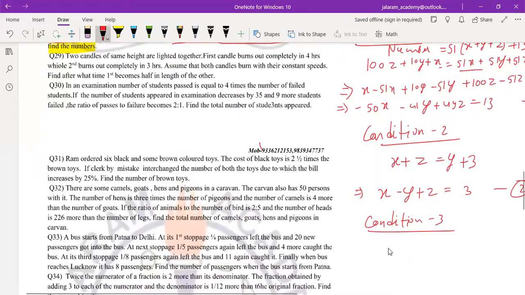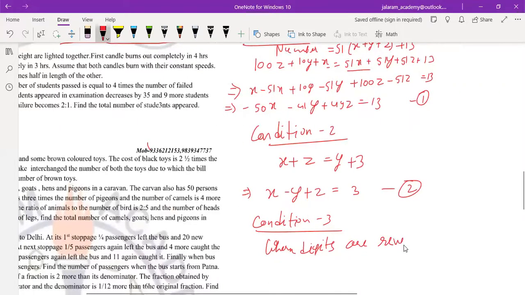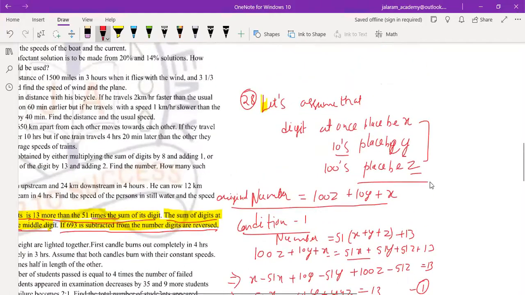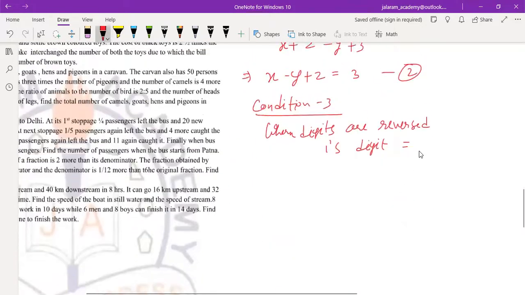So in condition 3, when the digits are reversed, what happens then? What will be the ones digit? That which was the hundreds digit in the assumption. So the hundreds digit was z, and it becomes the ones digit. The tens digit remains the same as it is still in the middle position, so it is y.